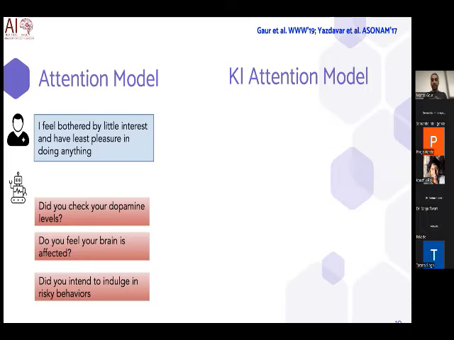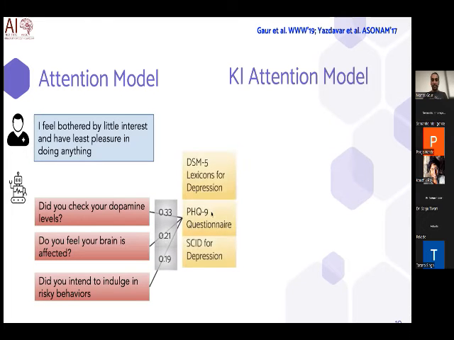So when we look at the similarity between these questions and these lexicons, the first lexicon we use is the DSM-5. For everyone here, the DSM-5 is the Diagnostic and Statistical Manual for mental health. It's a knowledge resource for various mental health disorders.